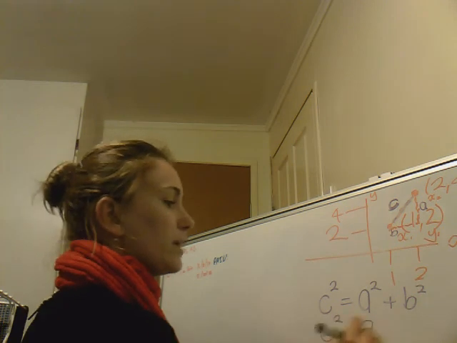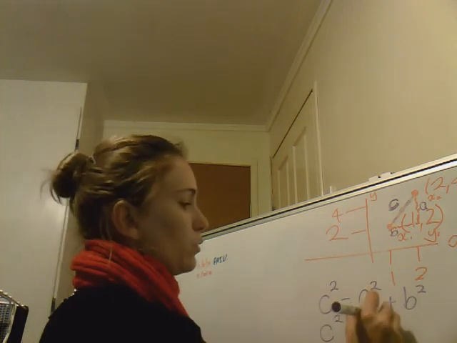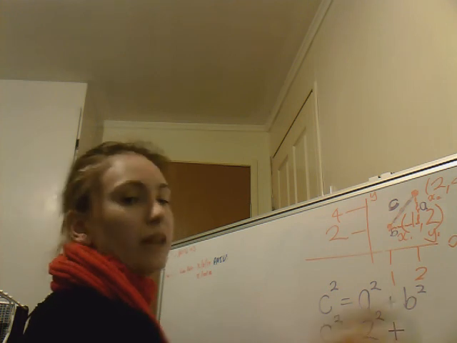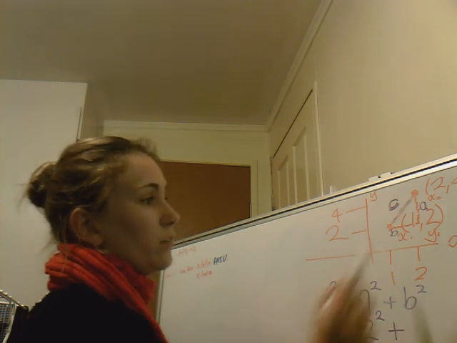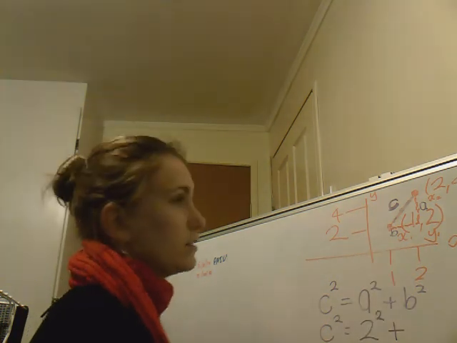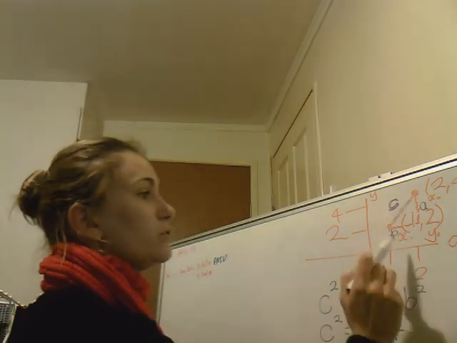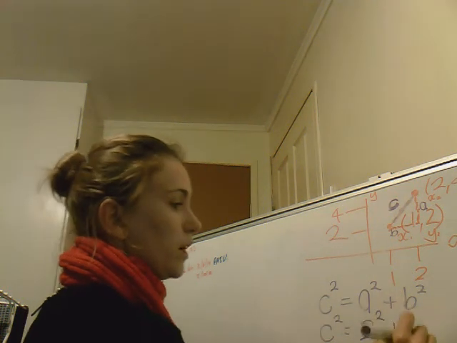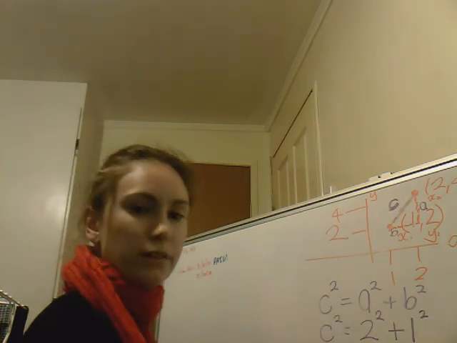So my a equals 2 squared. Remember, a is being squared. What does my b equal? Well, that's my bottom line here. So we're looking at the change in x this time. So that's my x2 take x1, which is 2 take 1, which is 1 squared.